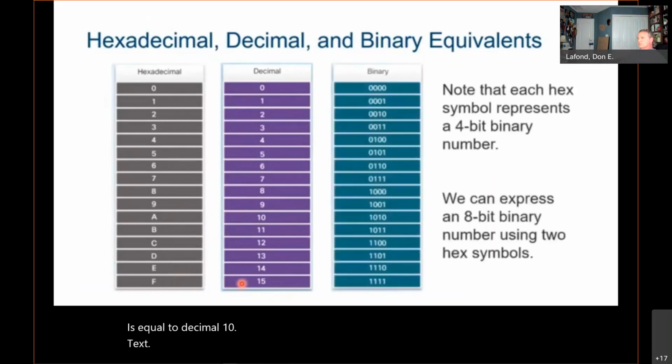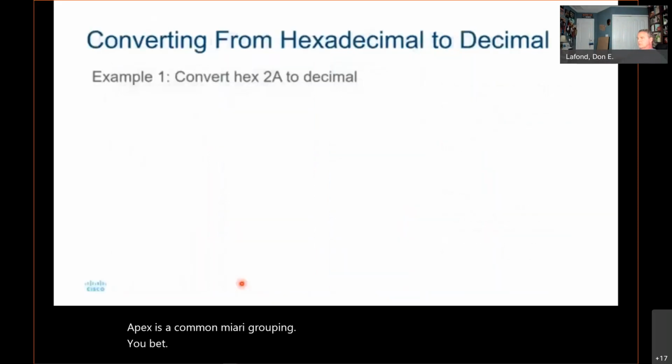Here are the binary equivalents. Note that each hex symbol can be used to represent a 4-bit binary number. Given that 8 bits is a common binary grouping, we can represent an 8-bit binary number using just 2 hex symbols. In this first example, let's look at converting hex 2A to decimal.